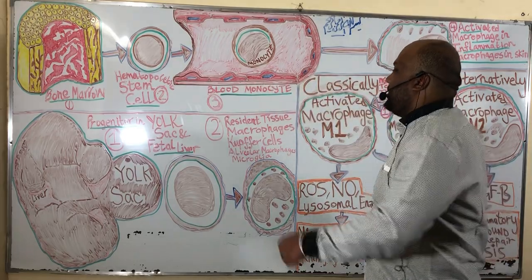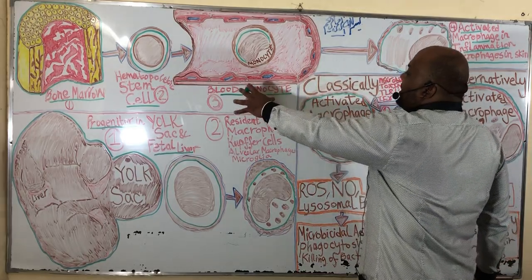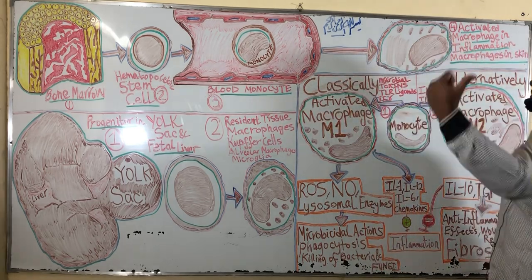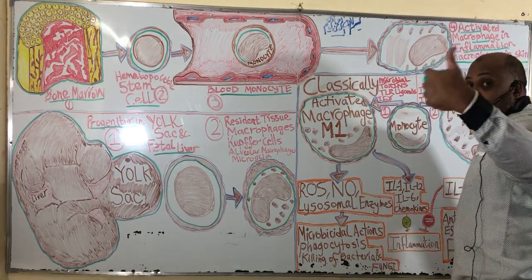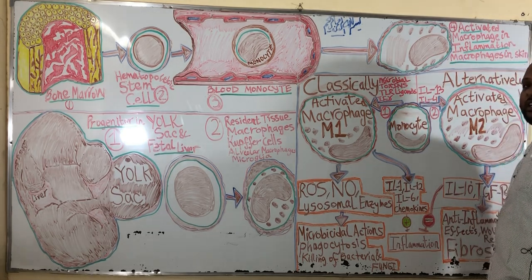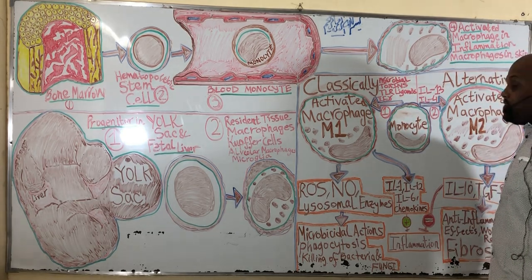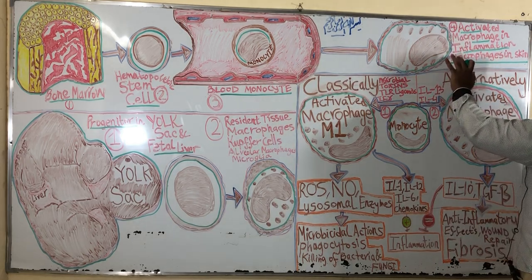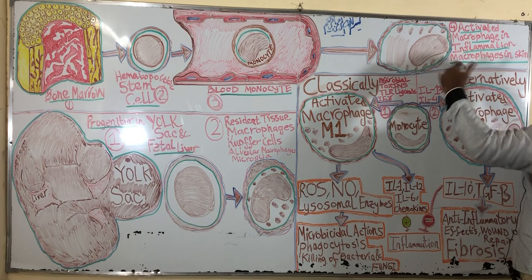The blood monocytes will now be activated by cytokines released by the microglia, by all these alveolar macrophages, the Kupffer cells, and the sinus histiocytes. They will become activated macrophages in inflammation.